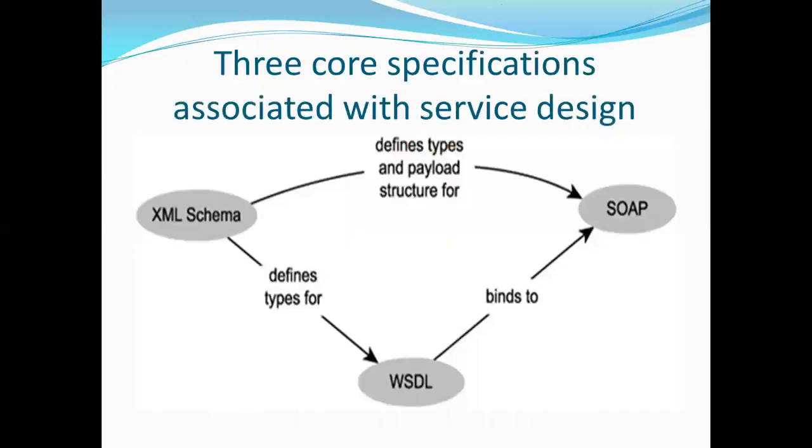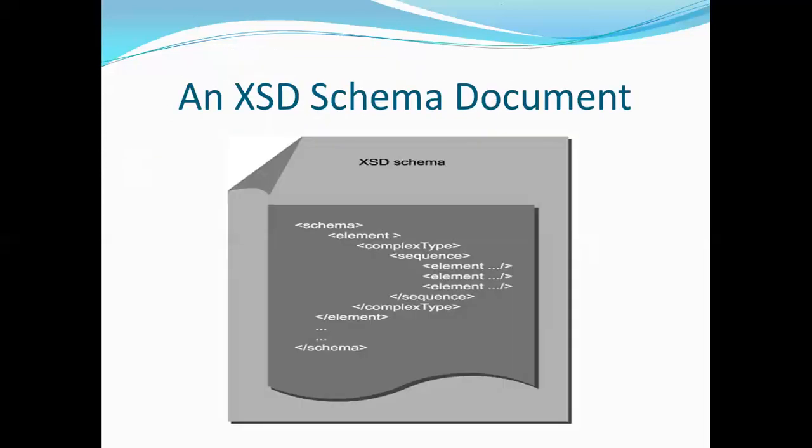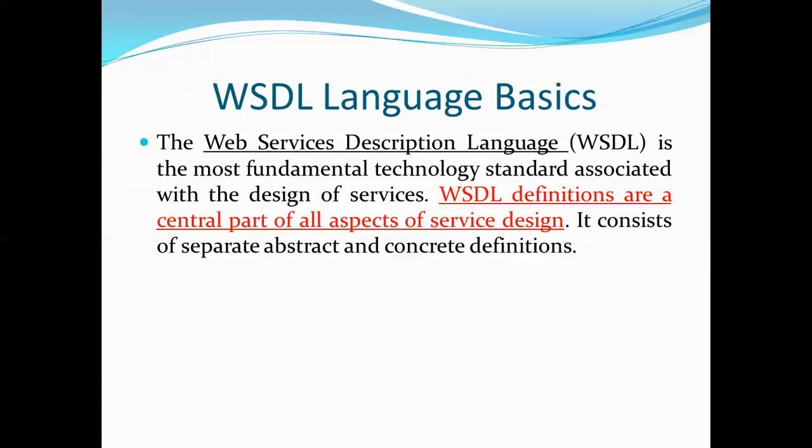The XML schema provides the defined types and payload structure to SOAP, and it also provides the defined types for WSDL. So this is the XML schema definition document, and it gives you the input for the WSDL.